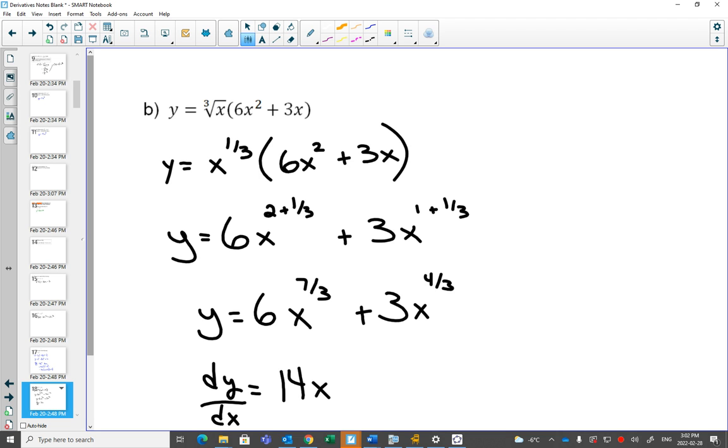Subtract 1 from the exponent. 7/3 minus 1 is 4/3. Plus, bring the 4/3 out in front. You can either write 12/3 or 4. Subtract 1 from the exponent. And there we have the derivative. So here it took actually more work just to set it up. The derivative part is a single step.